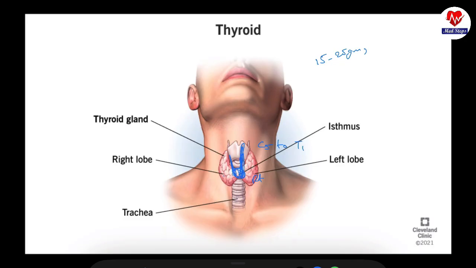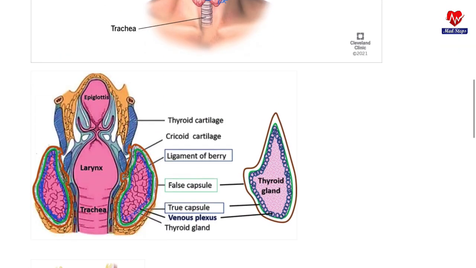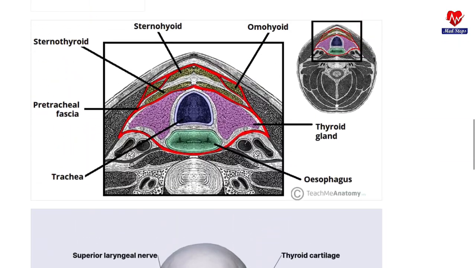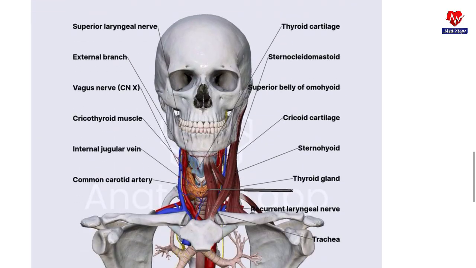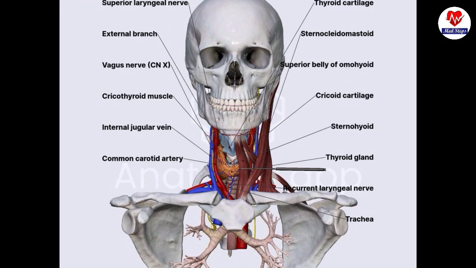Okay, so here we have some relations of the thyroid gland. Before doing surgery, we have to know the relations, because they are very important for finding the structures.